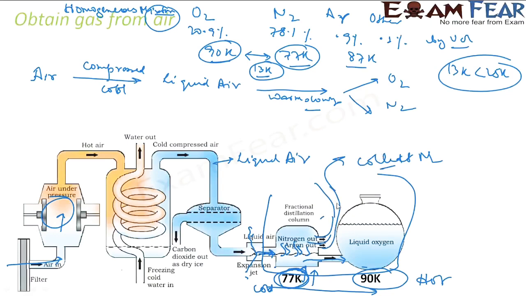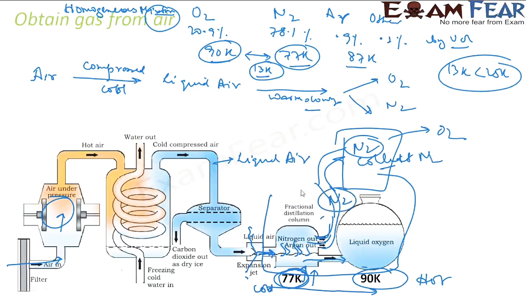In this tank we want to collect only nitrogen, so we make sure the temperature is 77 K here. With that only nitrogen gets evaporated here, because nitrogen has the boiling point of 77 K, and we collect the nitrogen. The remaining liquid air is passed on here, and the remaining liquid air typically has more oxygen.